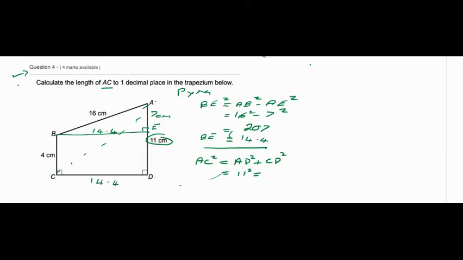CD is 14.4 squared. So if we pop that into the calculator, that comes to 328. So AC squared is 328, so the length AC is the square root of 328, which is 18.1 centimetres to one decimal place.